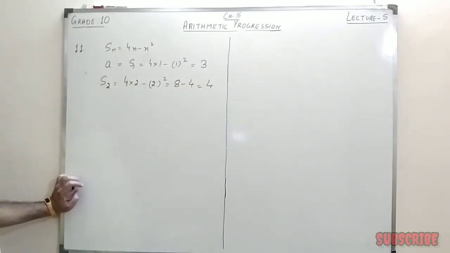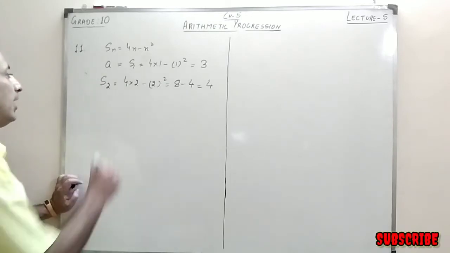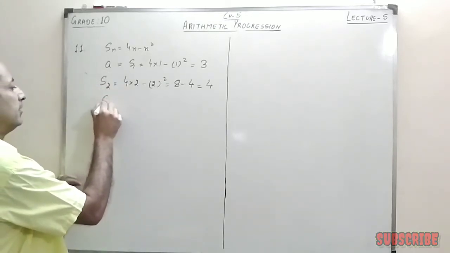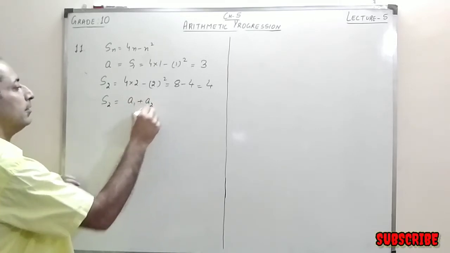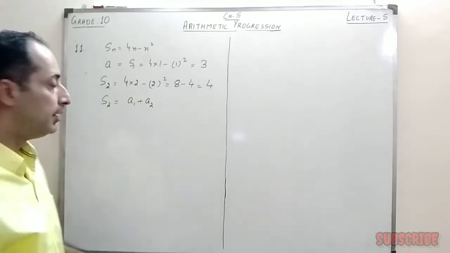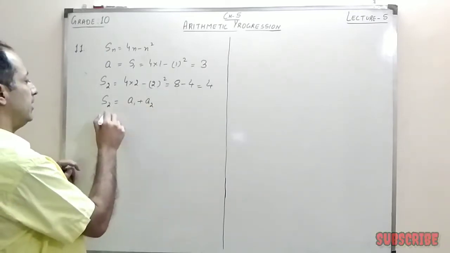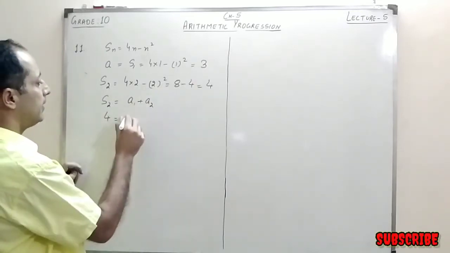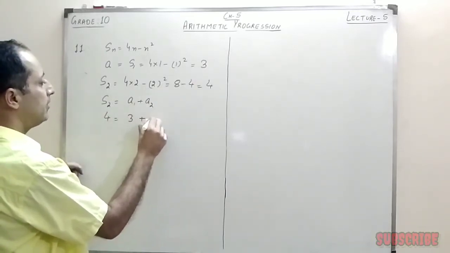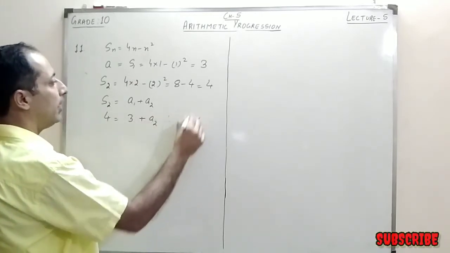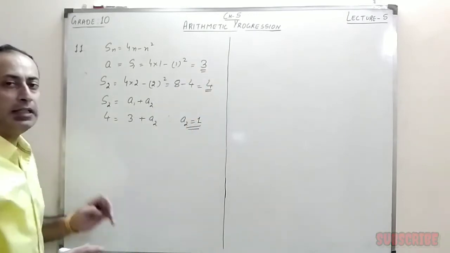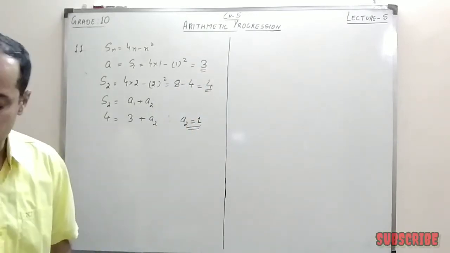Now, if I have to find the second term, I know S2 is A1 plus A2, the sum of the first two terms. S2 is given to me as 4 and the first term was 3. It means A2 would be equal to 1. Right? So this is the way we can find the values.